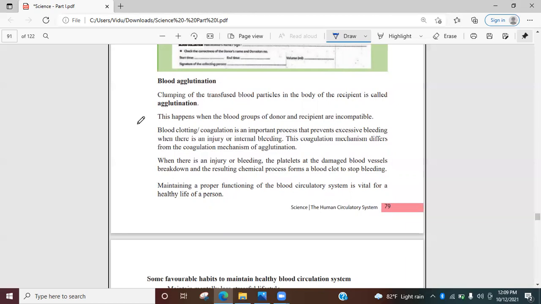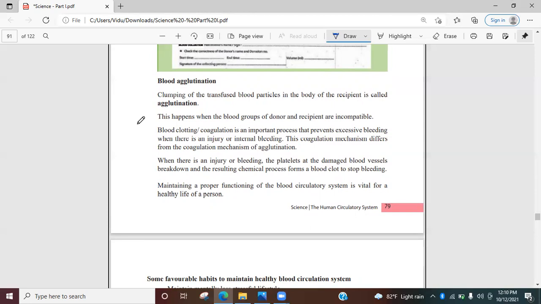Blood clotting is an important process that prevents excessive bleeding when there is an injury or internal bleeding. This coagulation mechanism differs from the coagulation mechanism of agglutination.